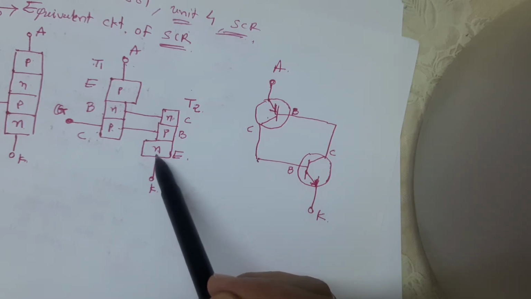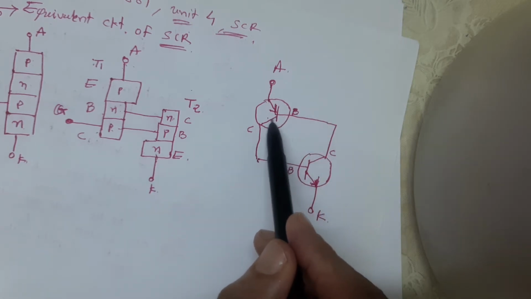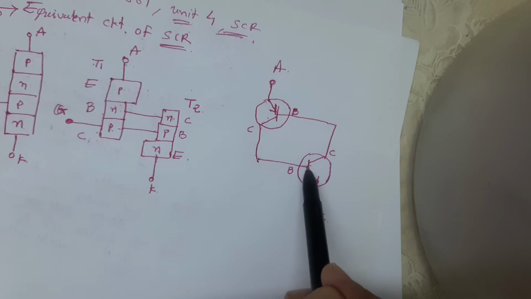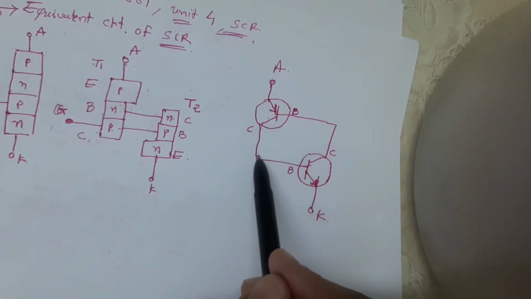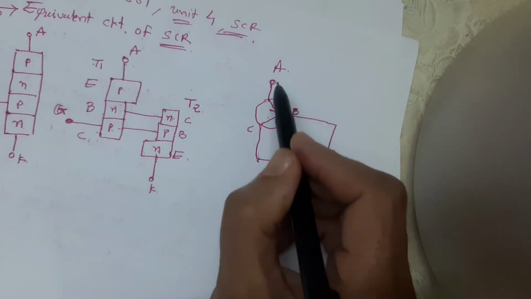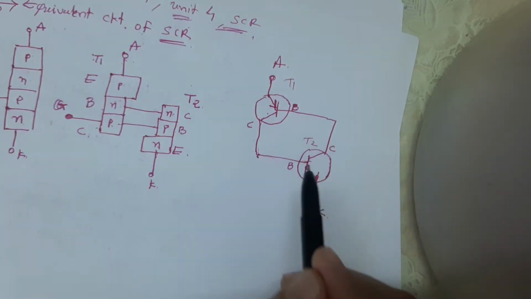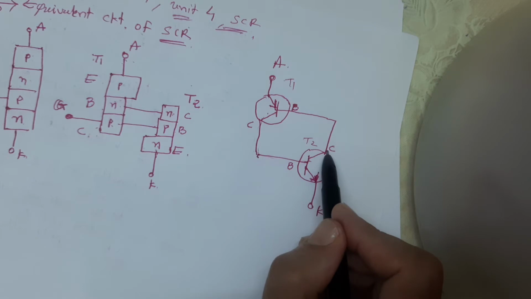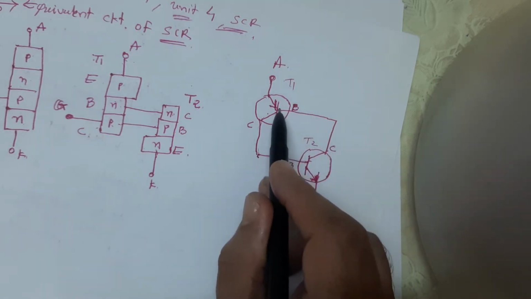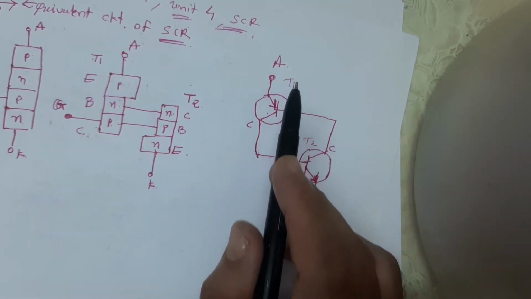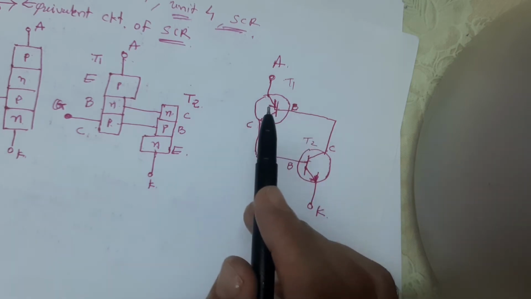It is clear that the collector of each transistor is connected to the base of the other transistor. See, this is your collector of transistor 1, connected to the base of transistor 2, and the collector of T2 is connected to the base of transistor 1. So this is the system of the connection.